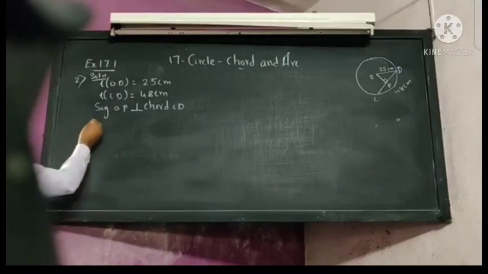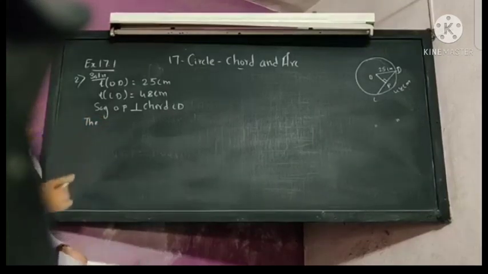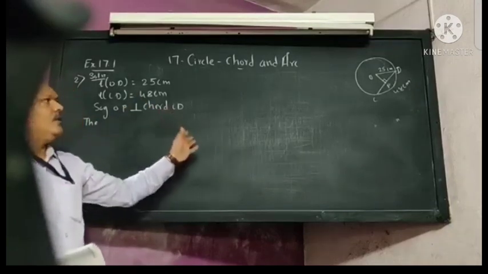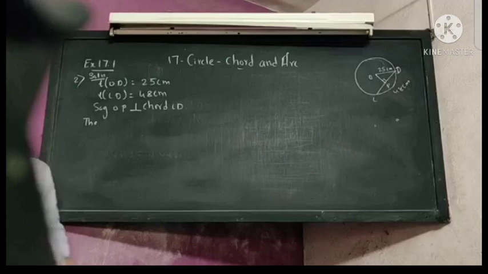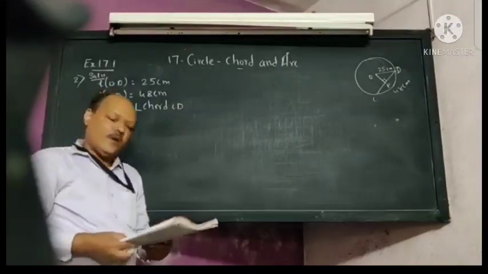So first of all, we have to find the length of PD. Apply the first property, the perpendicular. Students, every time you have to write the property based on the property you are applying, whether the first property or the second. We solved the previous sum based on the first property, and this second sum also we are going to solve based on the first property only.